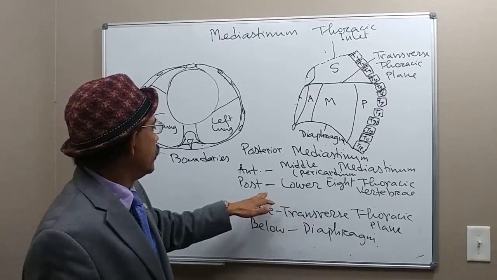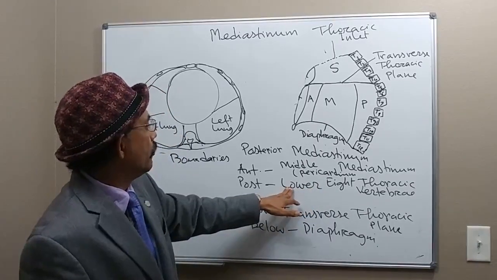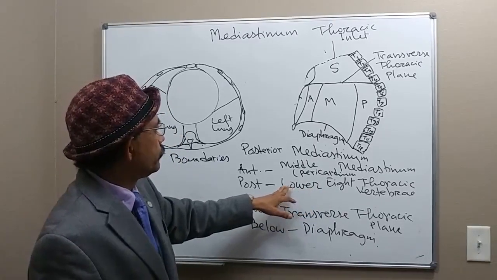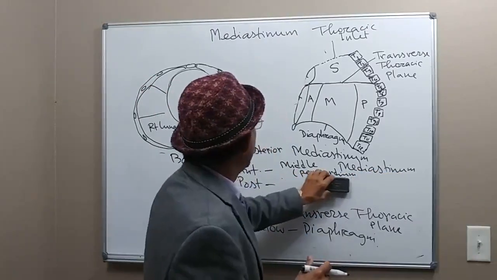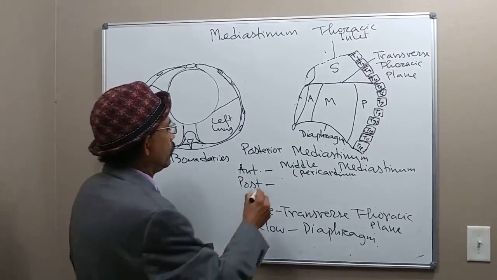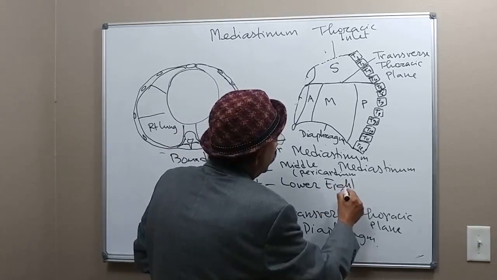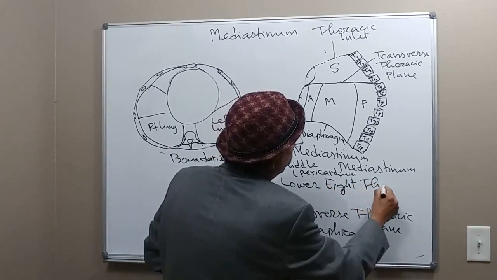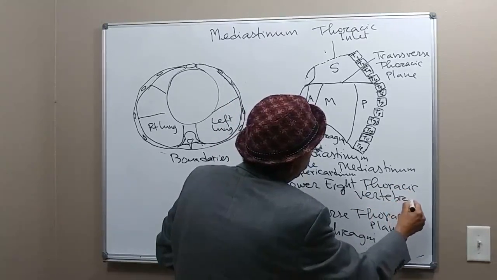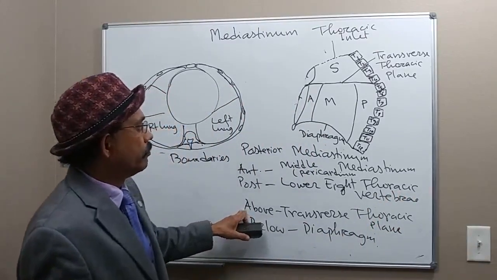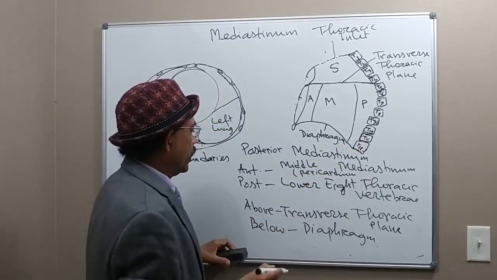Posteriorly bounded by the lower 8 thoracic vertebra. Above bounded by what? Transverse thoracic plane. Below bounded by the diaphragm.